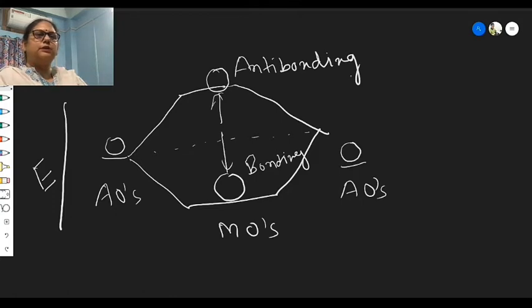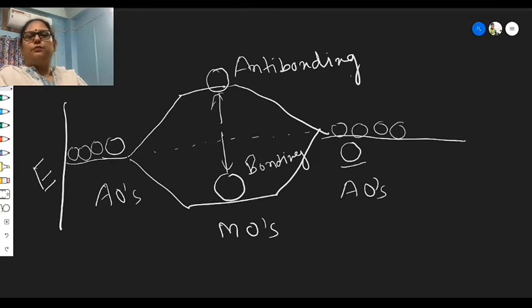So if we consider a simple molecule, these are the molecular orbitals of the molecule. But here, since we consider metal-metal bonds and a large number of metal atoms, we have to consider a large number of atomic orbitals.